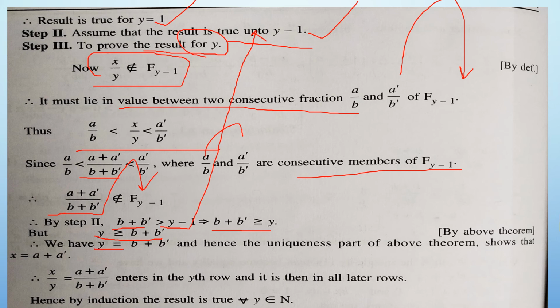So we get y is equal to b plus b dash by uniqueness of the previous theorem. So if y is equal to b plus b dash, then x must be equal to a plus a dash. So any fraction x over y equal to the mediant enters in the yth row. Then it will come in other rows also. So we have proved this result here.